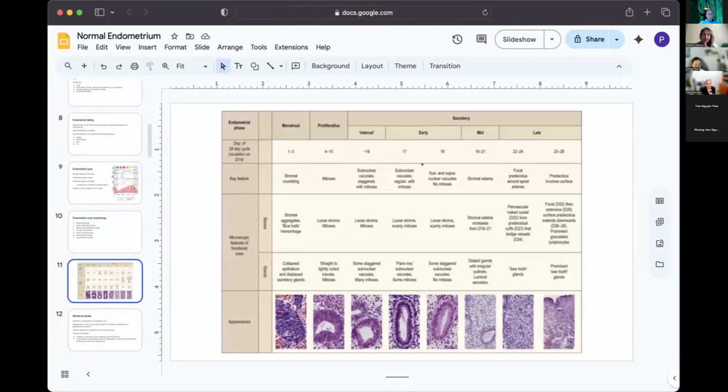There is a table here, and this is in the lecture module, but I can also include it as an addendum in some way to get this to you guys, so we don't have to zoom in on this. We're going to talk about this later, but just to look at the different layers and what's happening in each.